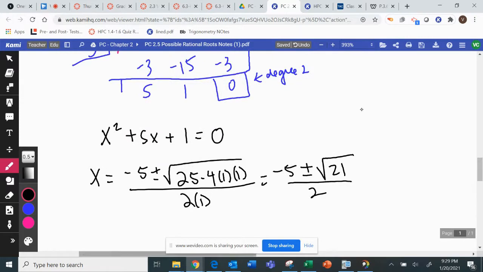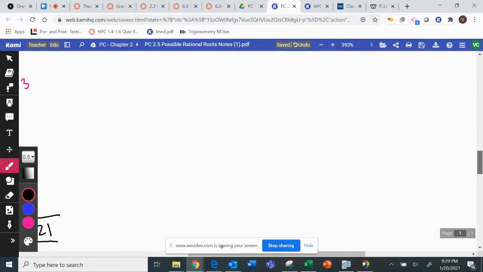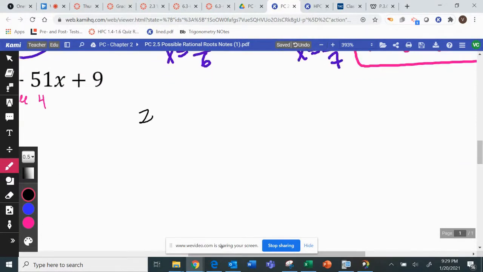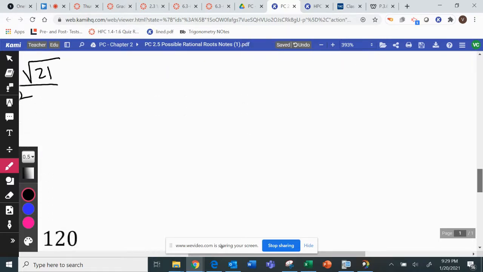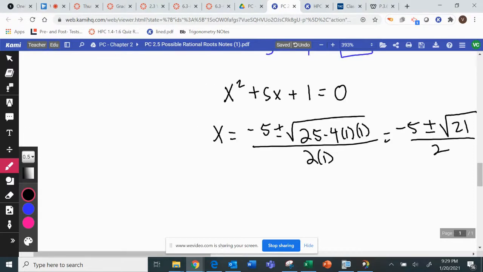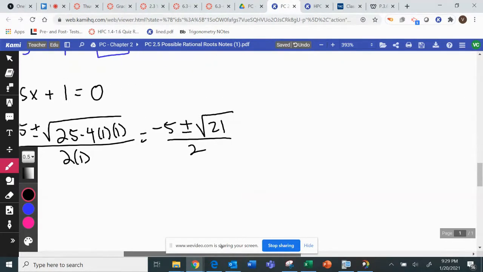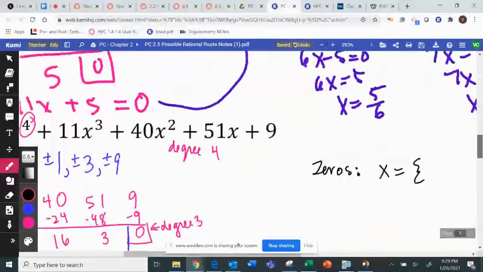So for our zeros, let me list our zeros over here. We had, let's see, from left to right, the first one is going to be this irrational one. So -5 plus or minus square root 21 over 2.